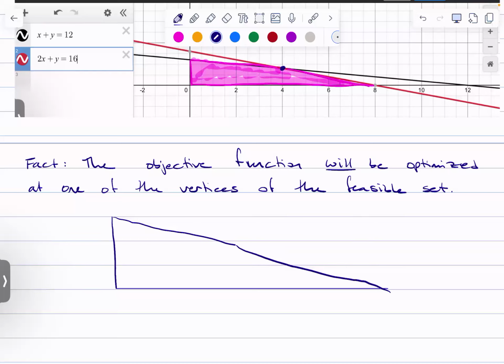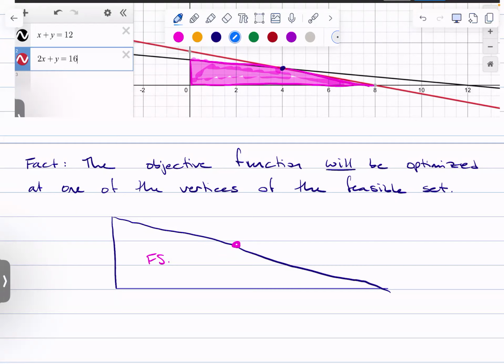It's not very good, is it? This is our feasible set, feasible region. Usually what we do is we label all the vertices so that we can talk about them, just give them a name.